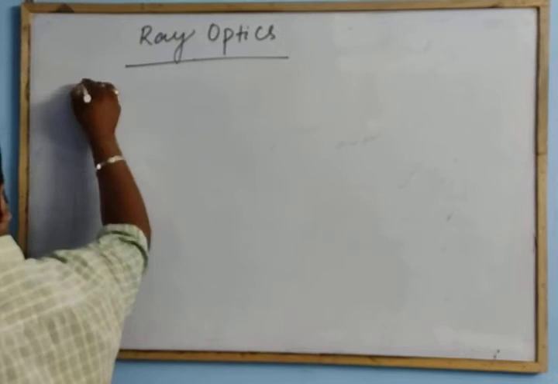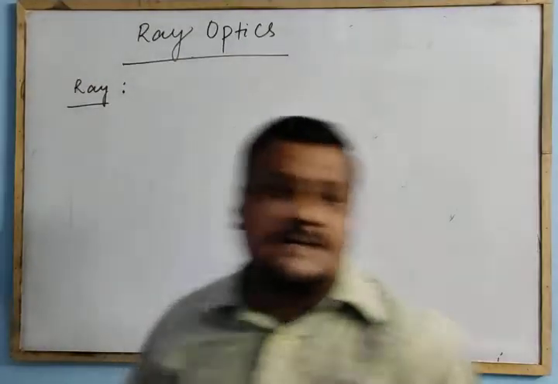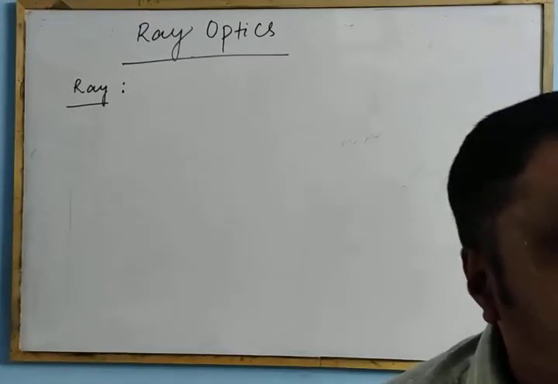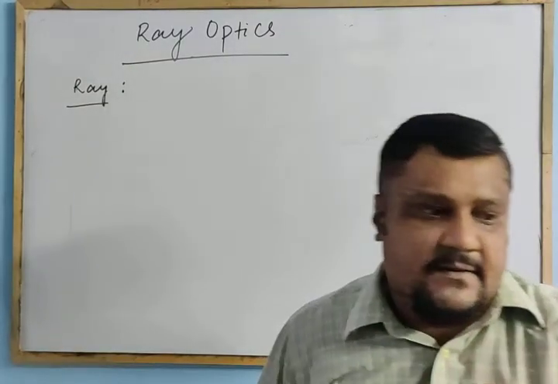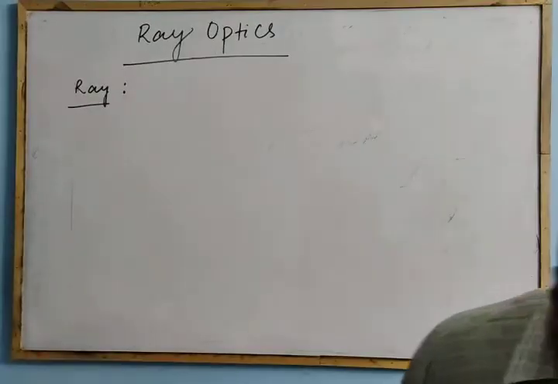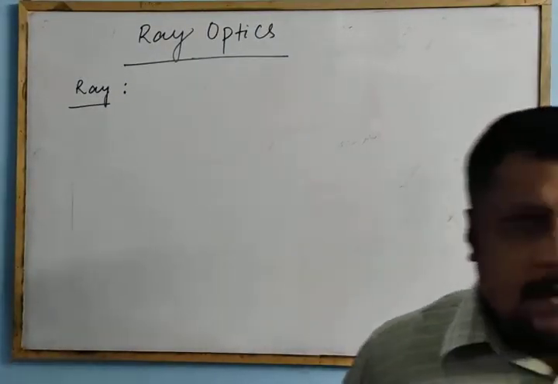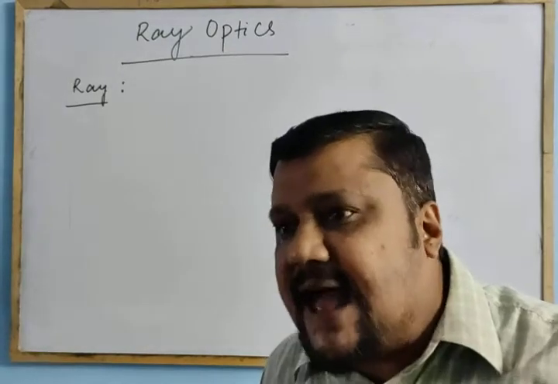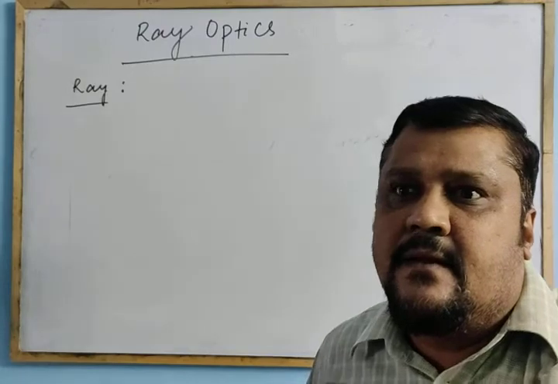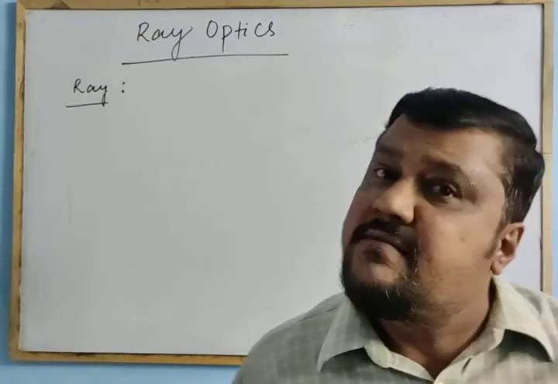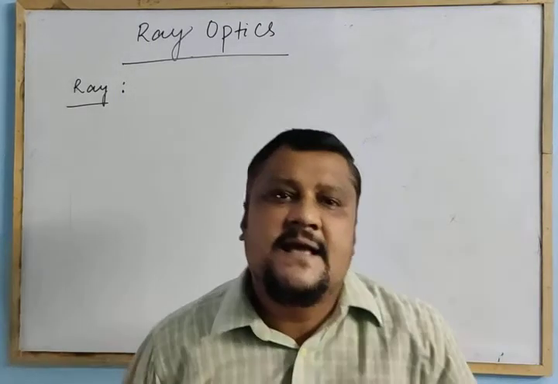Because we are dealing with ray optics, you should know the definition of a ray. A straight line path along which light travels in a homogeneous medium. The medium should not have any breakage. It should be a homogeneous medium. Then that is called a ray.